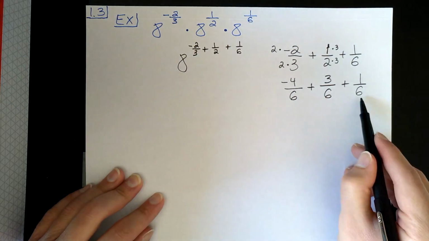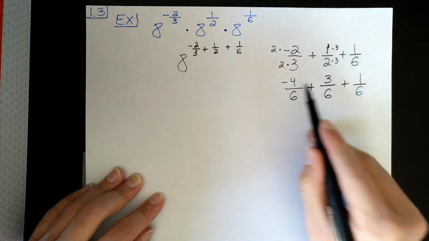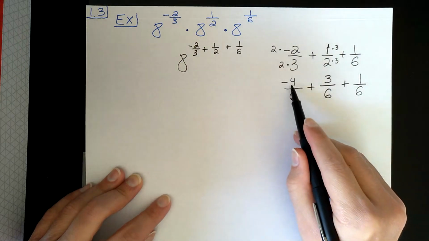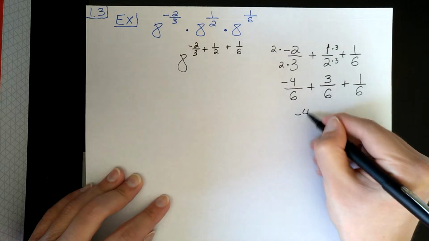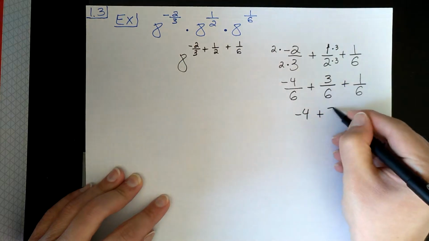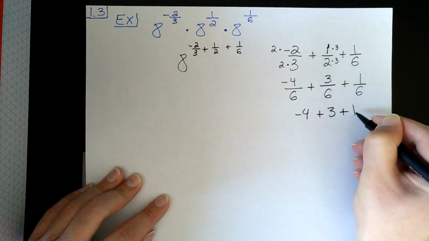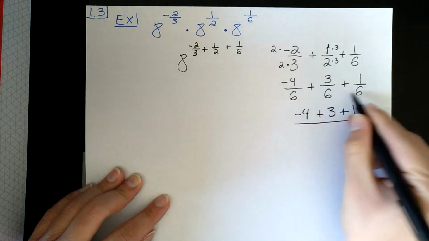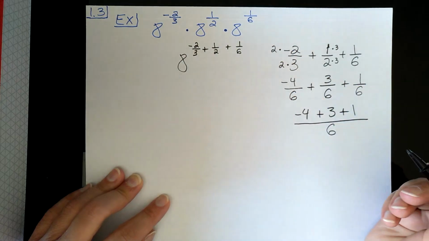And now that we have a common denominator, we can add them together. Only when your denominators are the same can you add the numerators. So we can add negative 4 plus 3 plus 1 all over this common denominator of 6.